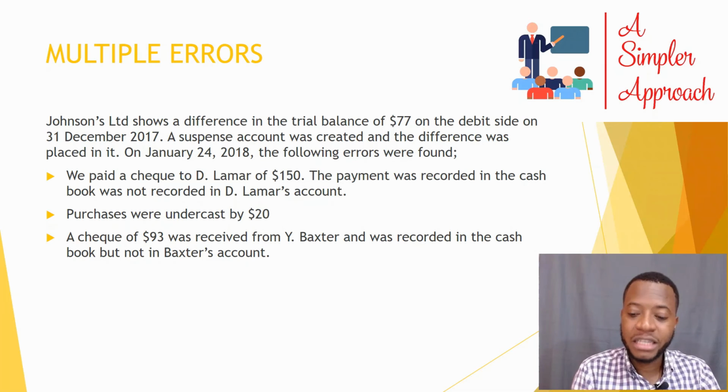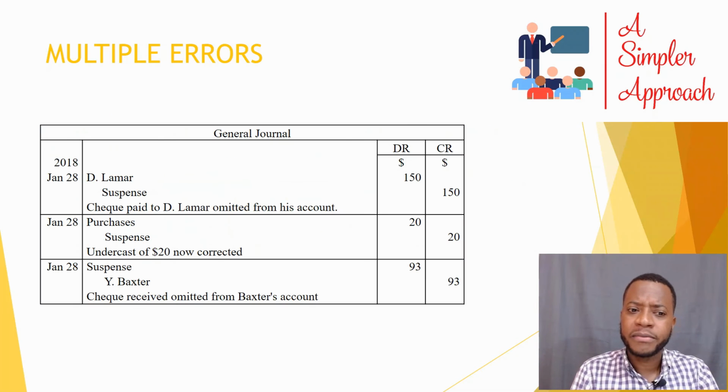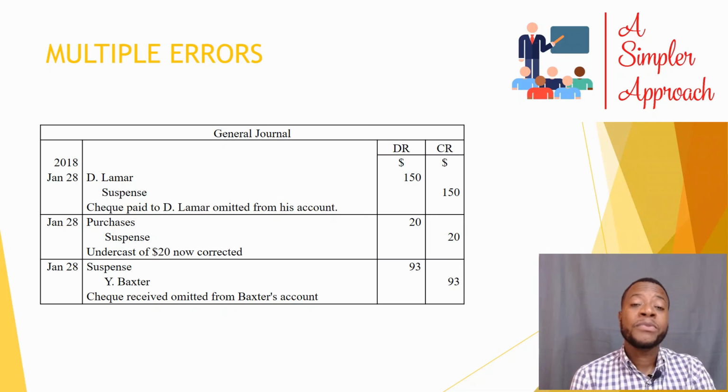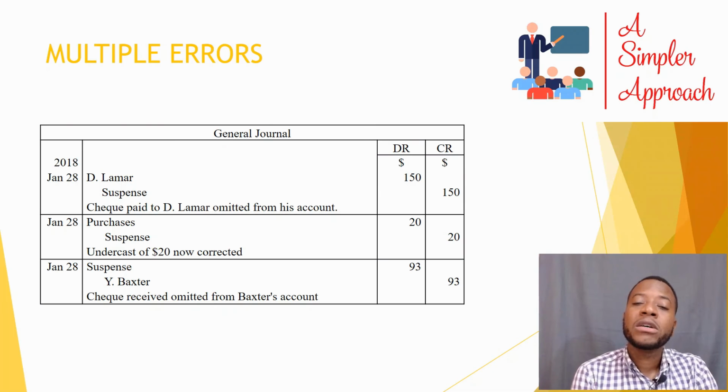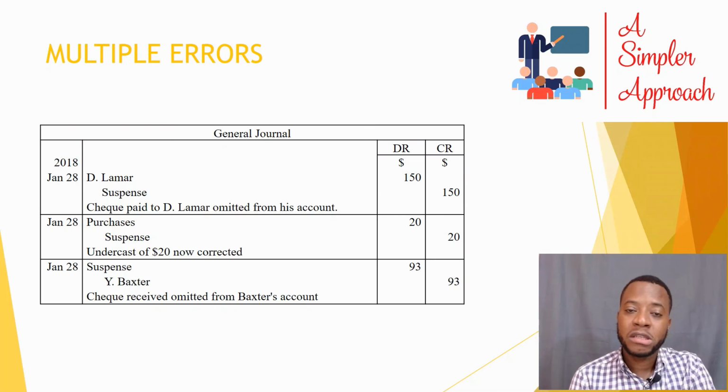How do we fix that? We simply put it there. Okay? So if Baxter's account is credited, it means the corresponding action will be to debit the suspense account. So we credit Baxter's account to put the information where it was supposed to go in the first place and debit suspense, which would naturally be the corresponding action.